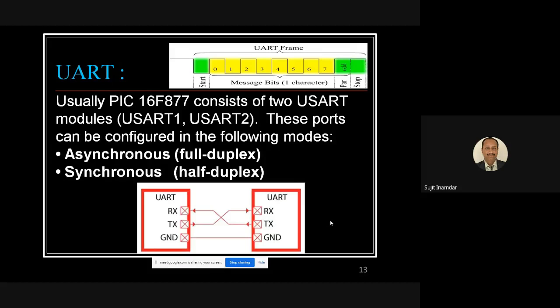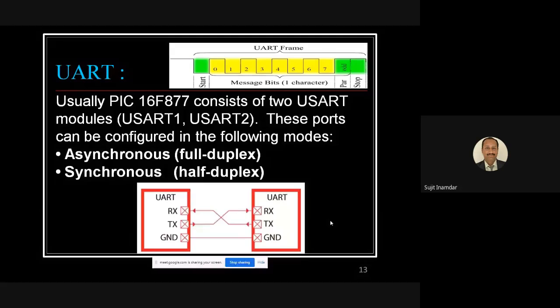One more thing we saw yesterday is the difference between asynchronous and synchronous. So why is asynchronous used mostly? One of the reasons is that it allows full duplex communication.